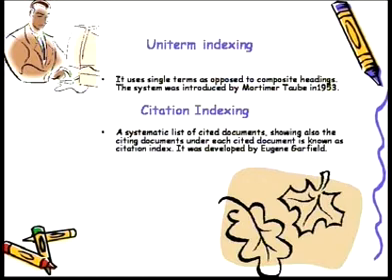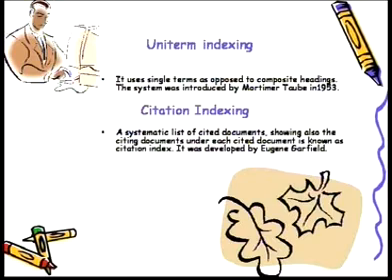Uniterm indexing is another type of indexing where single terms, as opposed to composite headings, are used. The system was introduced by Mortimer Taube in 1953. For example, if the subject of a document is represented by 5 terms, then 5 separate entries or term cards are prepared.